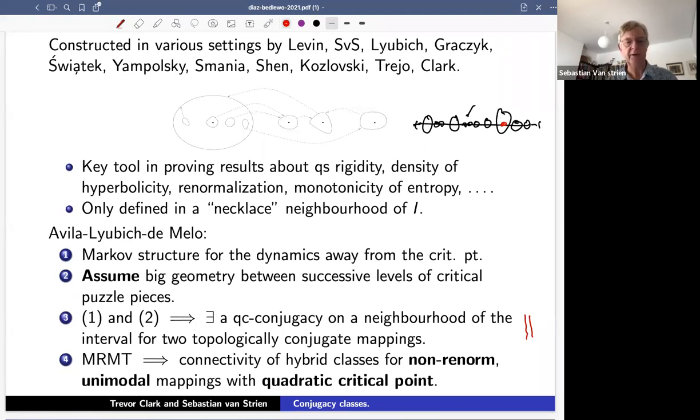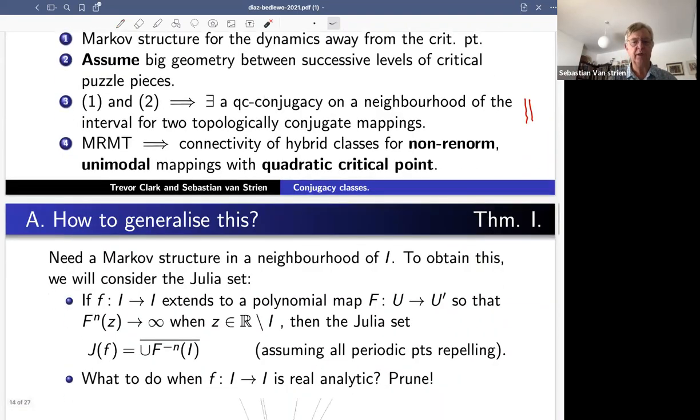But that requires this big geometry. And then, of course, with the measurable Riemann mapping theorem, you can connect two maps, and I'll come back to that later. So let me not discuss this at this moment. This comes in a later slide in more detail. So that's roughly their approach, and that doesn't really work so well for us.